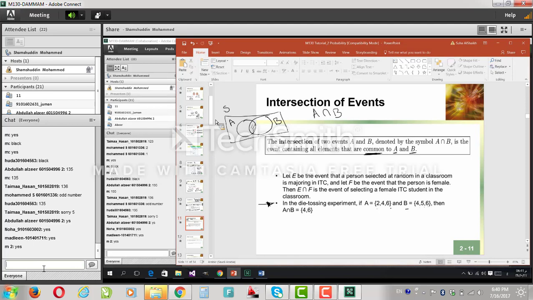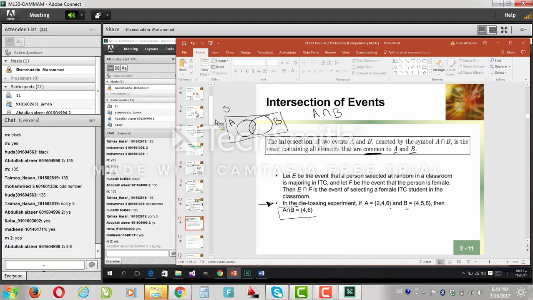The event B is getting 4 and 5. The common points between A and B are 4 and 6. So the intersection is the points in common: 4 and 6, that's correct.